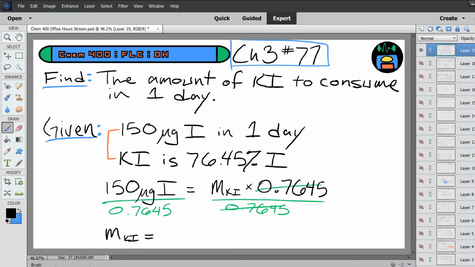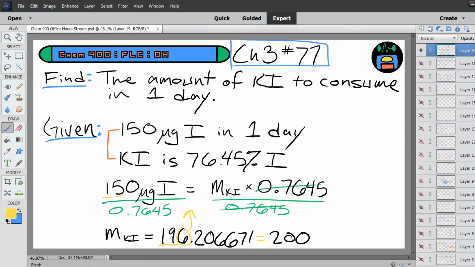We would need to consume 196.206671. Sig figs wise, we can only keep 2 because of our numerator. So the 6 will round up, and that 9 will round up, so it'll be 200, but this doesn't have the right number of sig figs.